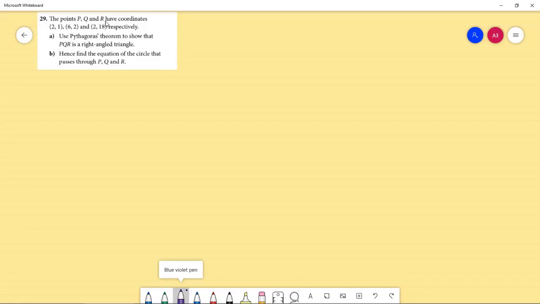The points P, Q, R have coordinates (2, 1), respectively. Use Pythagoras theorem to show that PQR is a right angle triangle. This is very simple. Just find all the distances. For example, P is (2, 1), Q is (6, 2), and R is (2, 18).